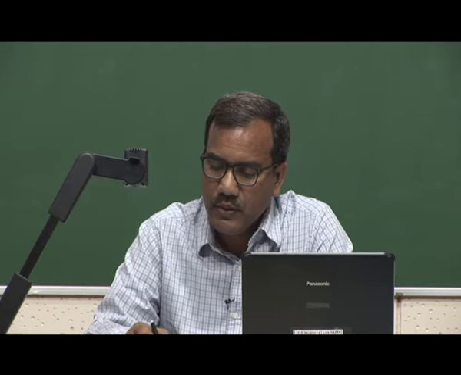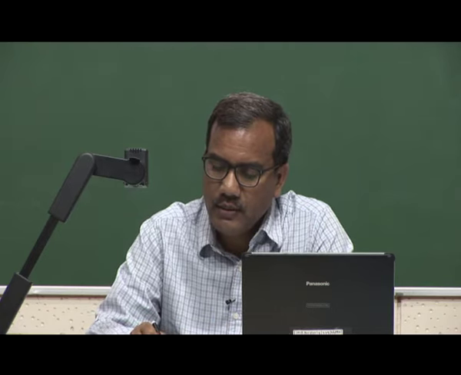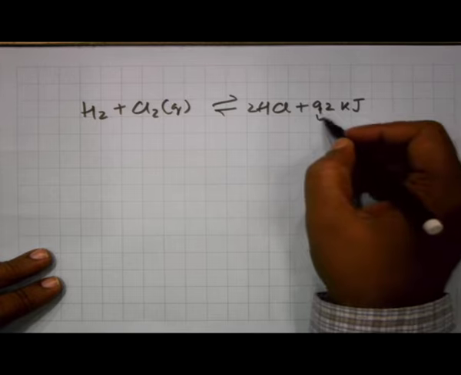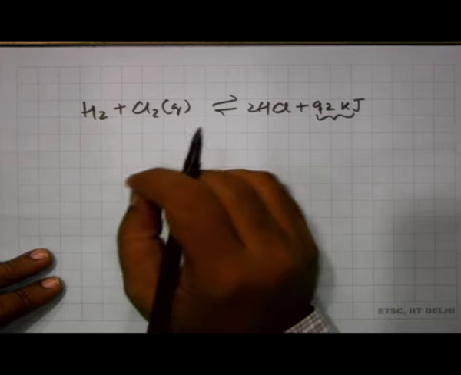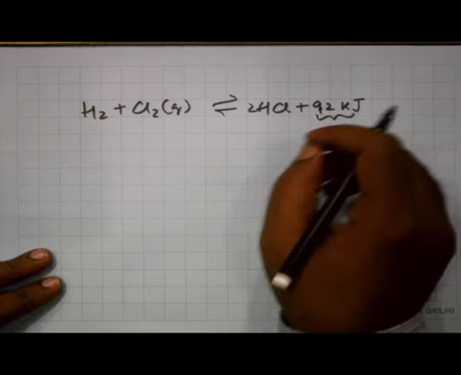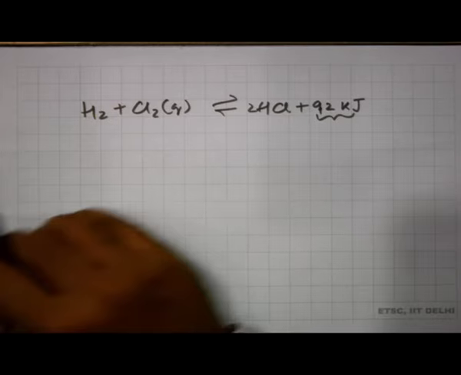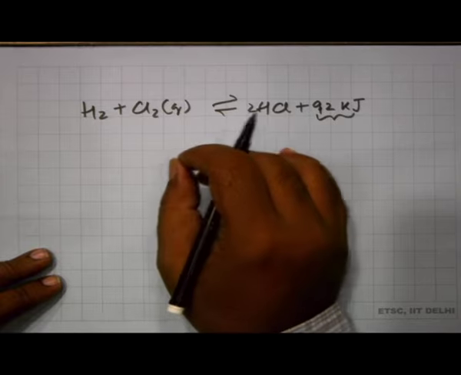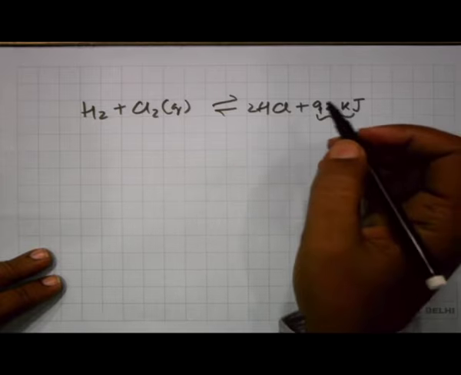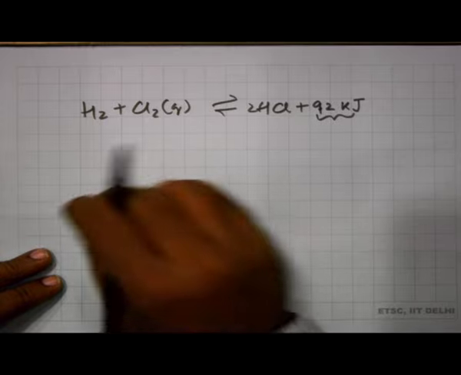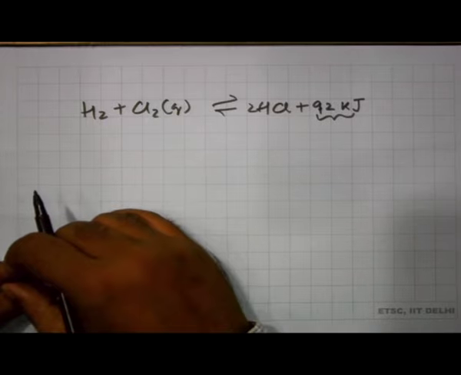Now, you see this, that your 92 kilojoule of heat is released. So, this is your exothermic reaction. In that case, temperature will have effect.